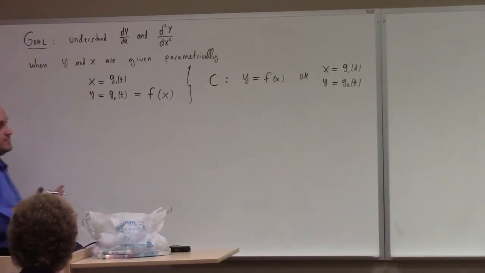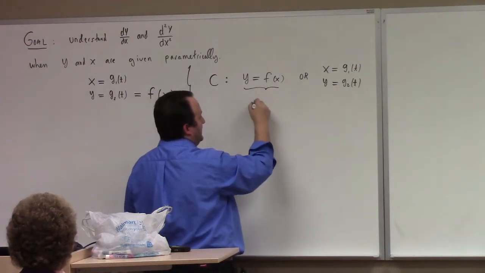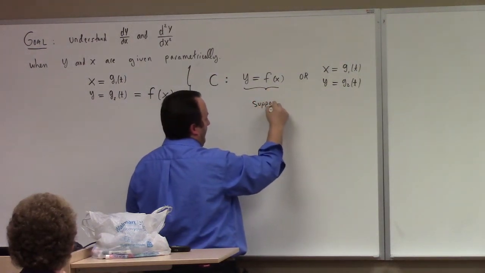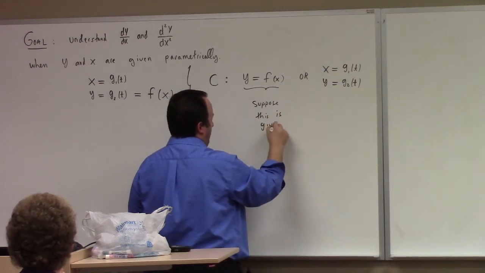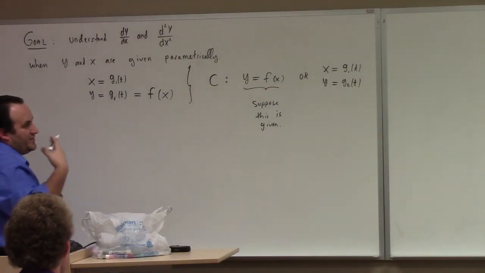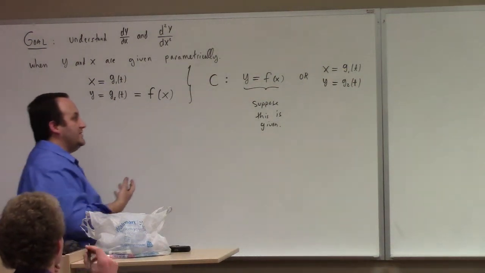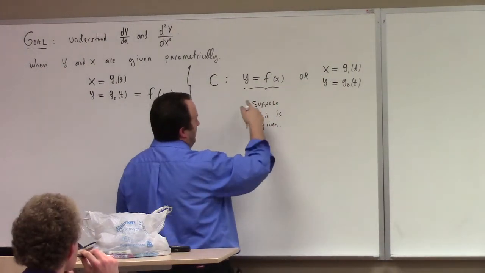So what does it mean if this is given? Suppose this is given. What does it take to find a parameterization that is consistent with this graph?